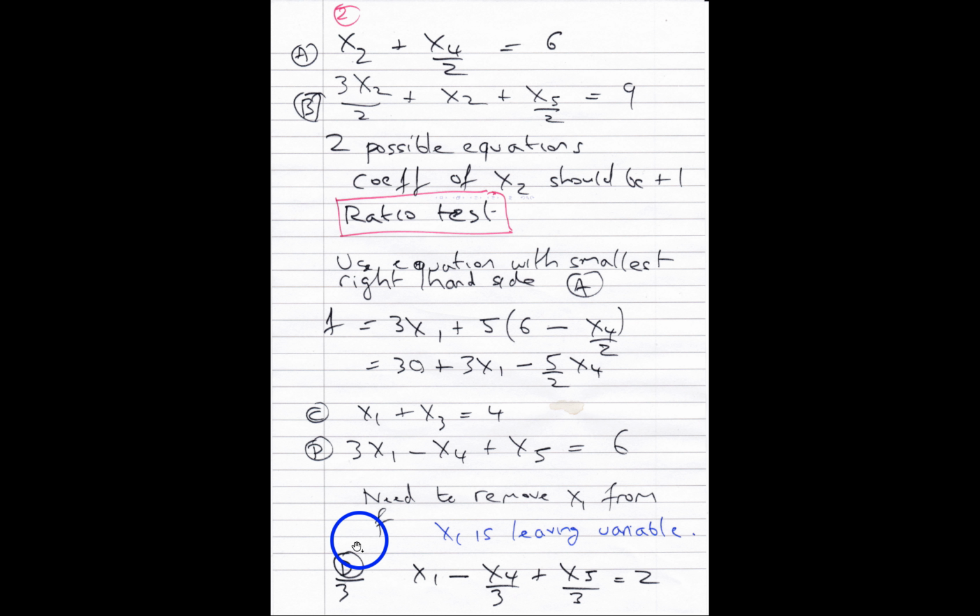We do the same thing: we're interested in the equations with a coefficient of 1 on x1, so we have x1 minus x4 divided by 3 plus x5 divided by 3 equals 2, which is the equation just divided by 3. Then we use the ratio test again. We have these 2 equations for x1, and we use the equation with the smallest right hand side. That's the ratio test.